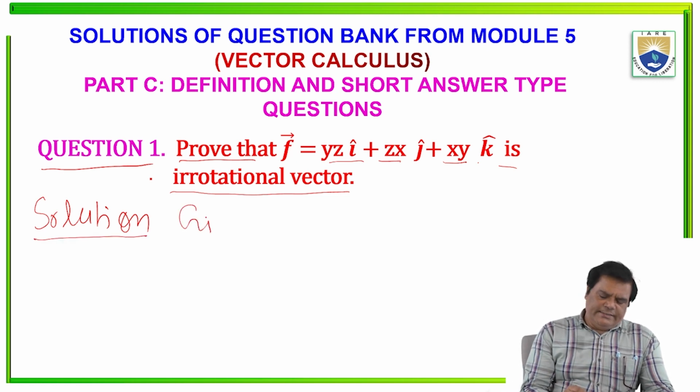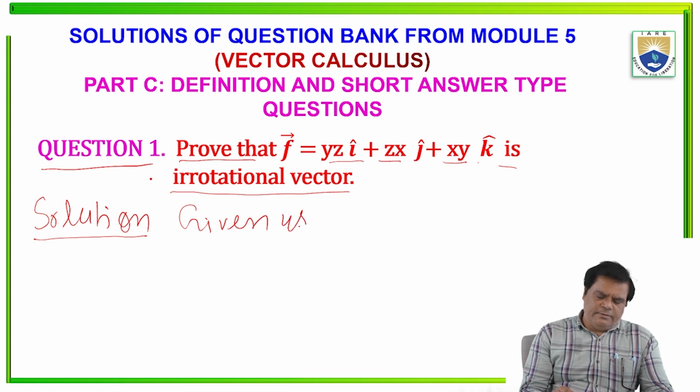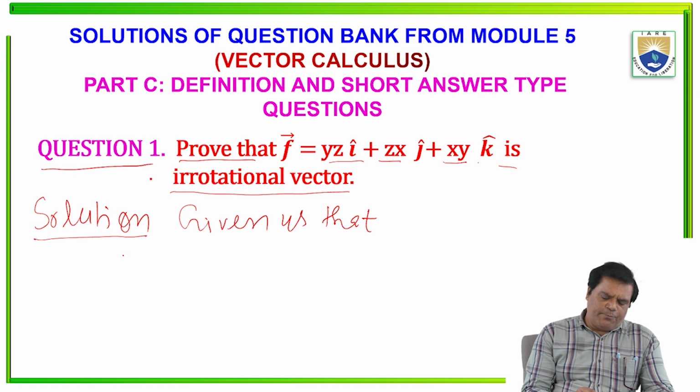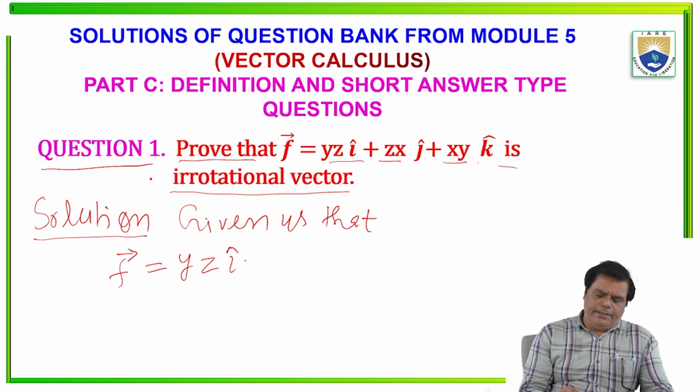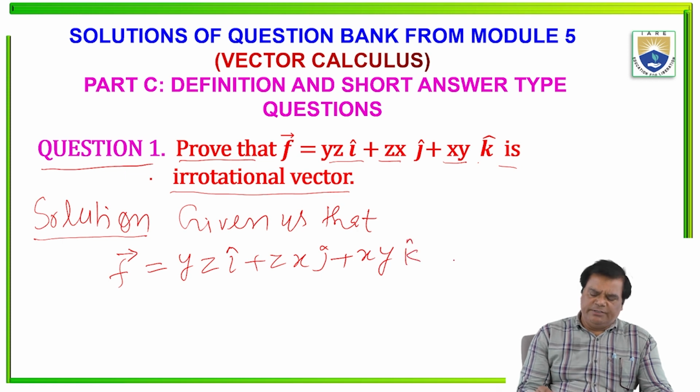Given that the vector point function F equals yz i plus zx j plus xy k. This is equation 1.